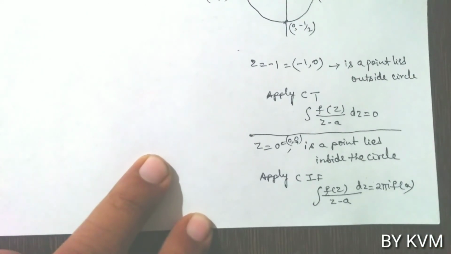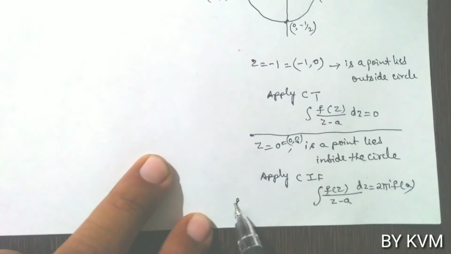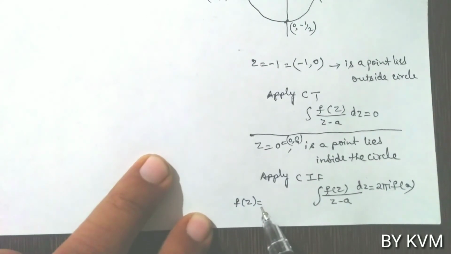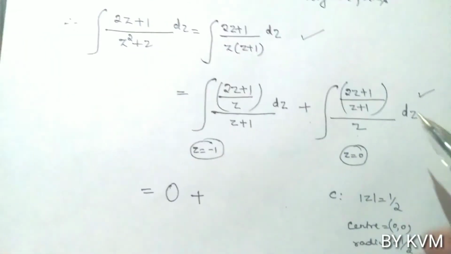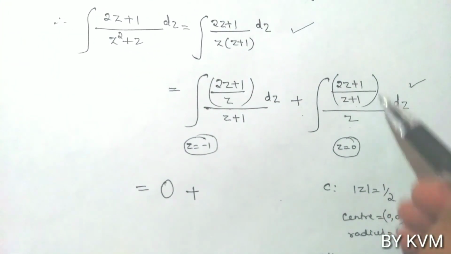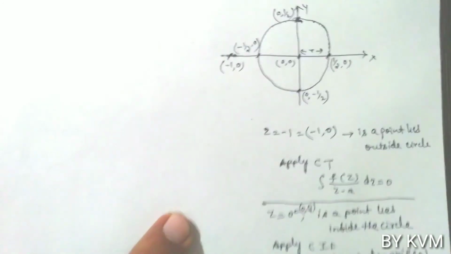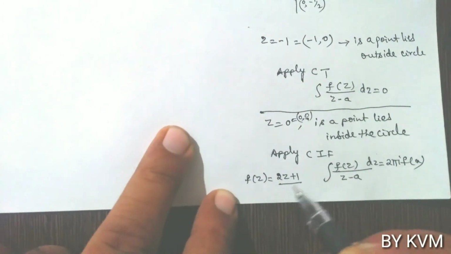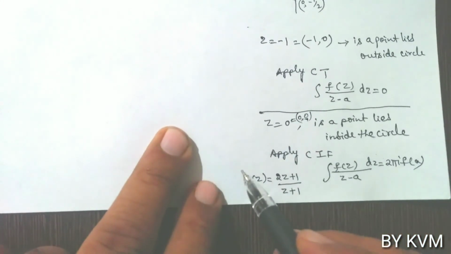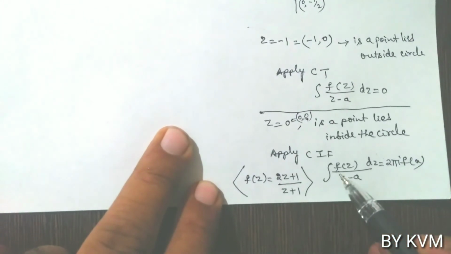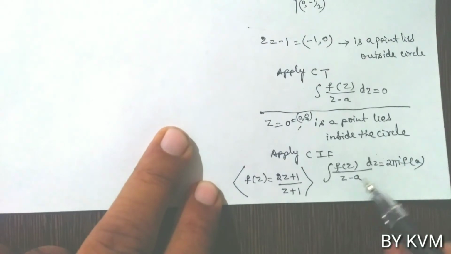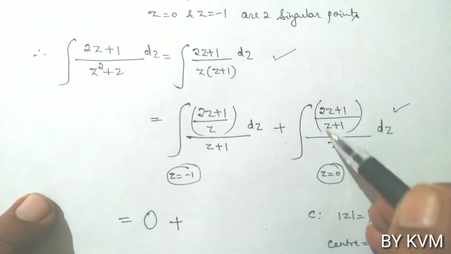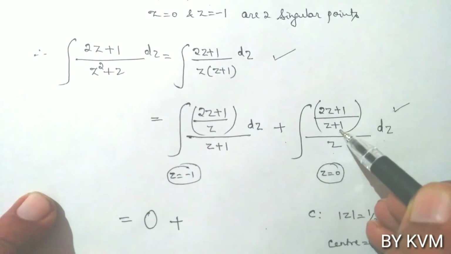But what is f of z here? So f of z is the function in the numerator, that is 2z plus 1 by z plus 1. So the integral of f of z by z minus a dz. So this is f of z, 2z plus 1 by z plus 1.